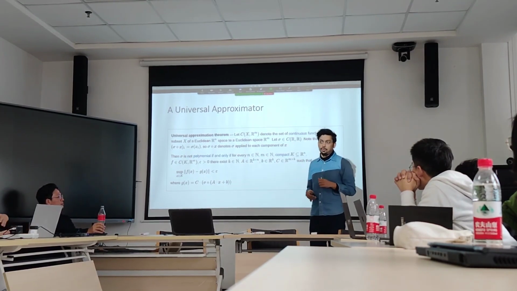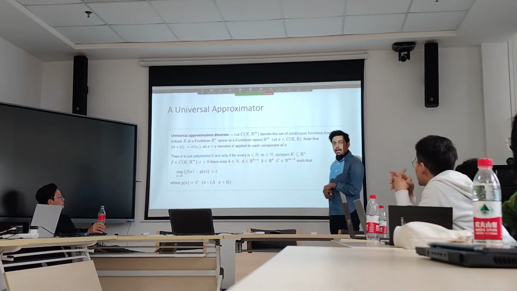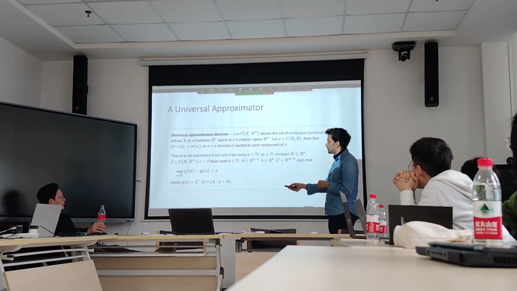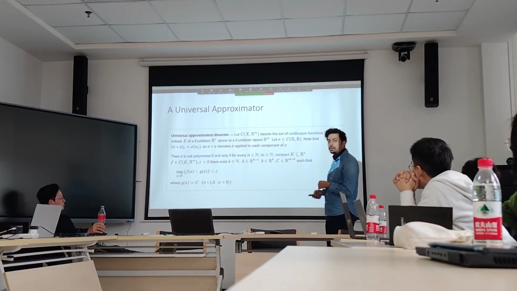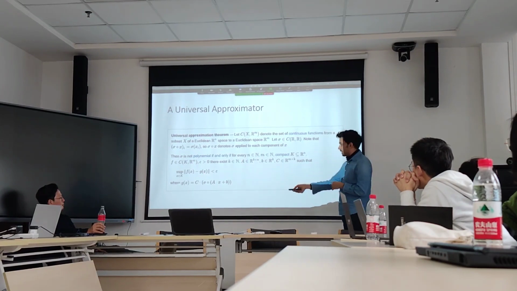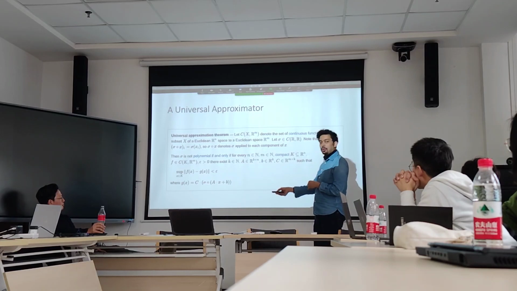It's the Weierstrass theorem. Here, this is essentially a very similar idea. You see here, there is a supremum norm that is less than epsilon for any epsilon greater than 0. f(x) is the function, and g(x) is this thing, which is a sigmoid function on Ax + b.